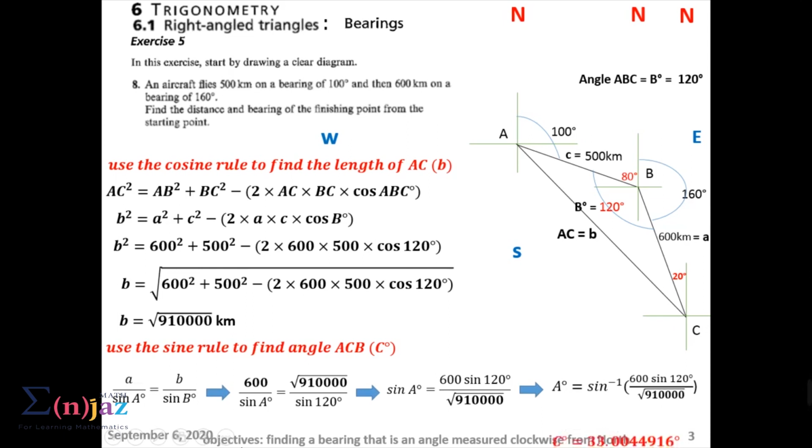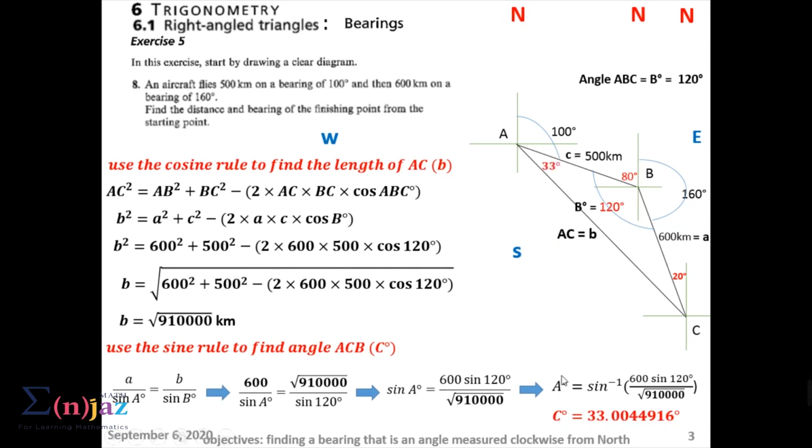If you insert this in the calculator, you're going to find A as 33.0044916. And if you round it to 3 significant figures, you're going to stop at the 0. You look at the right, there is only a 0, so the final answer will be 33.